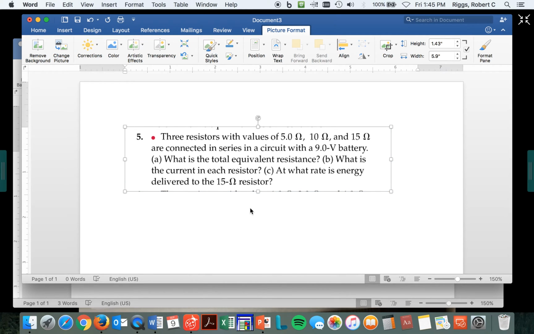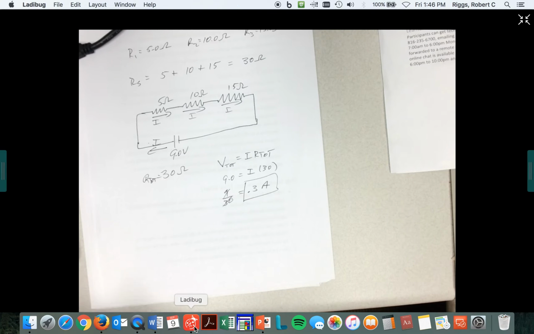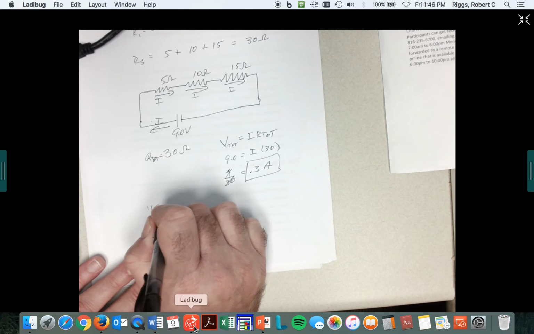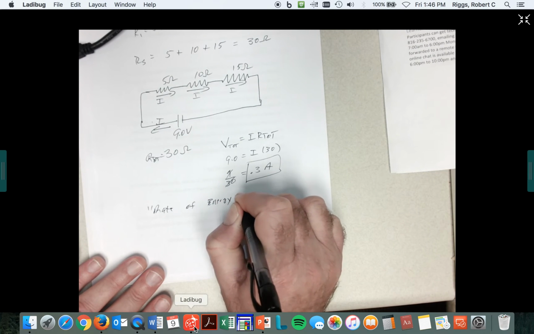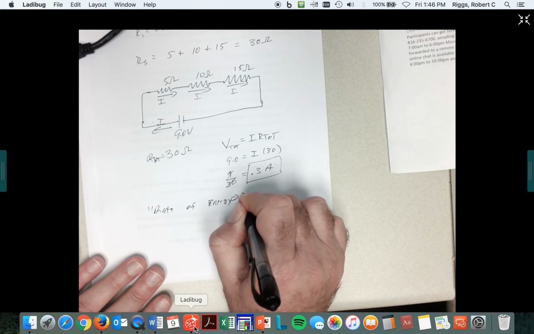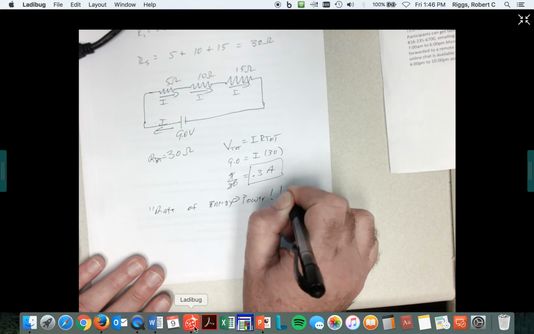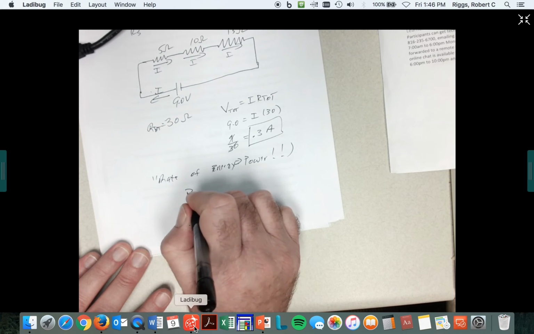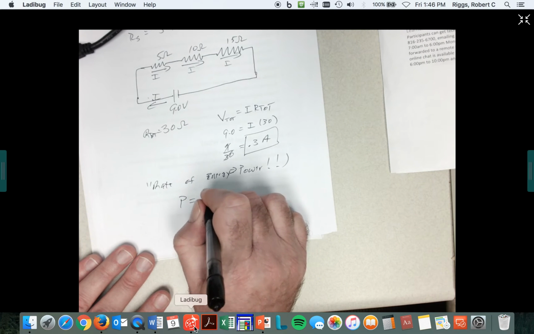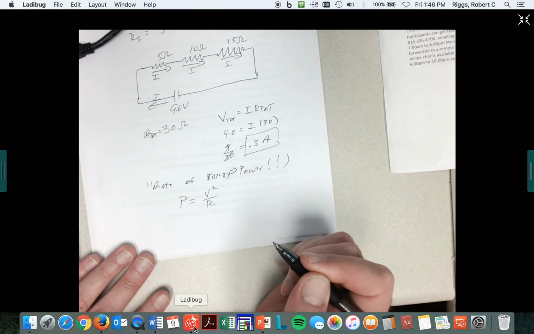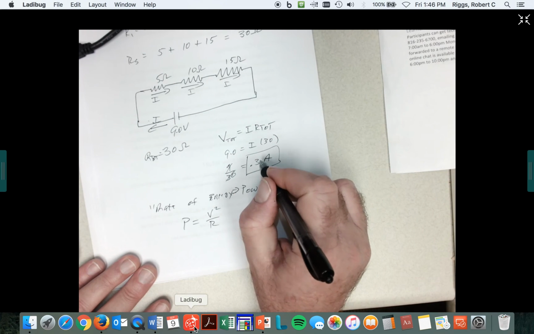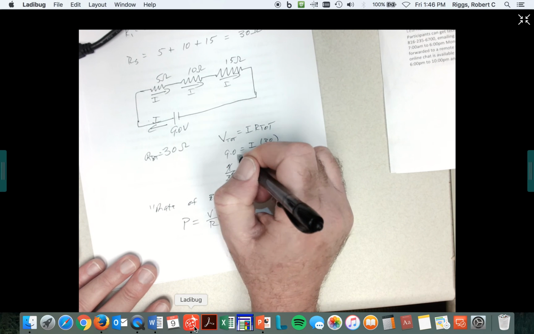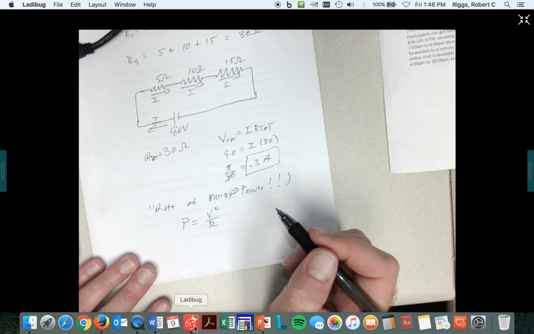What's the power? What's the rate of energy? Power, rate of energy. That's one of the key things I wanted you to get from this. That's power, people. Power to the people. Okay? So P equals V squared over R. I don't know what the voltage is, but I can figure it out because 0.3 times 15 is 4.5.